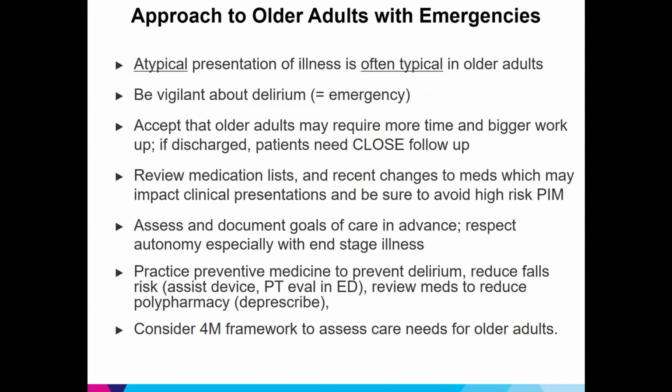This is a medical emergency, and remember to use a validated screening tool such as the CAM, Confusion Assessment Method, to really identify delirium that can often be missed. We need to accept that our older patients may require more time and a bigger workup, and will often need close follow-up if they're discharged.